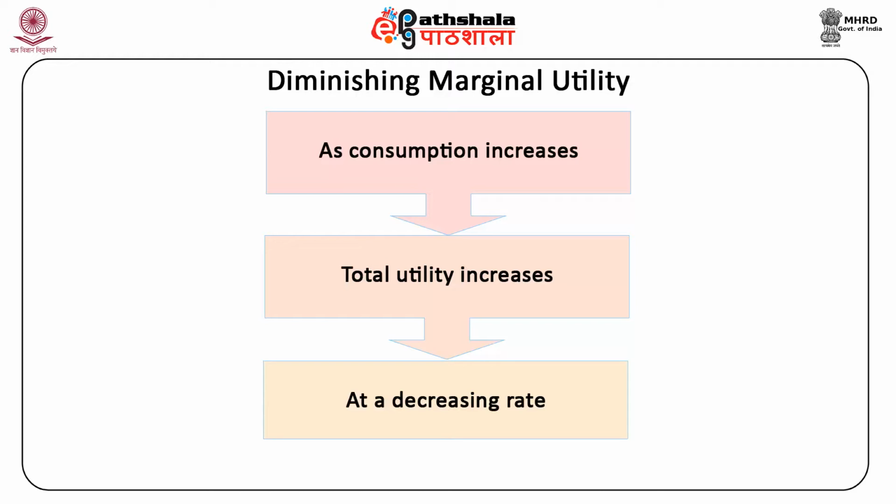This is because as we consume more, the good becomes less desirable, with subsequent units giving lesser satisfaction at the margin than the previous unit consumed. This is called diminishing marginal utility.